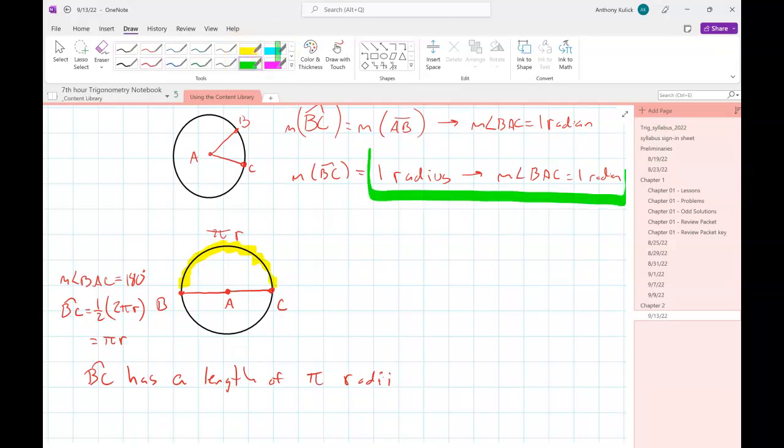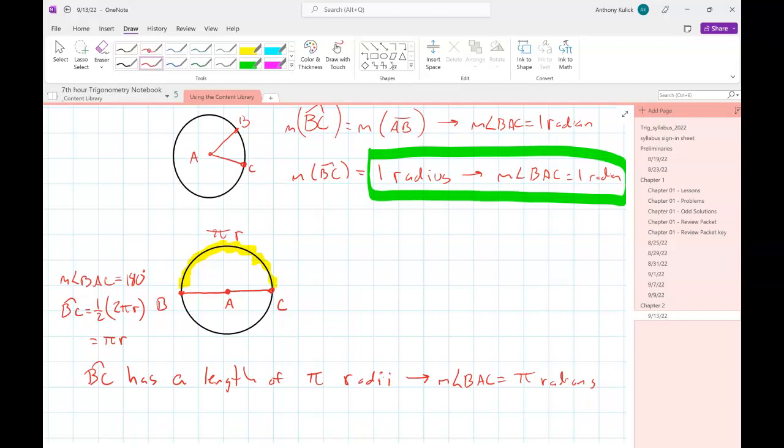Using this, how many radians is angle BAC? If 1 radius gave me 1 radian for the angle, how many radians is pi radii going to give me? Pi radians, right? If 1 radius gave me 1 radian, pi radii should give me pi radians.